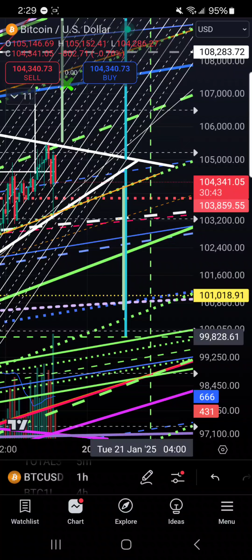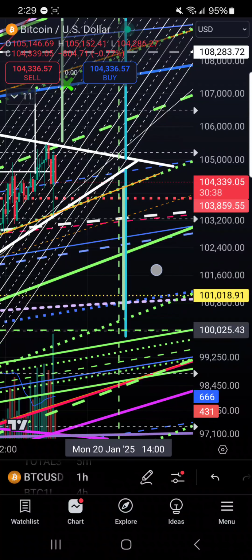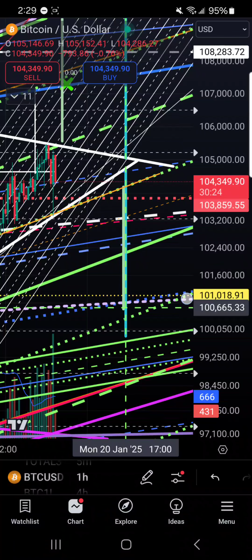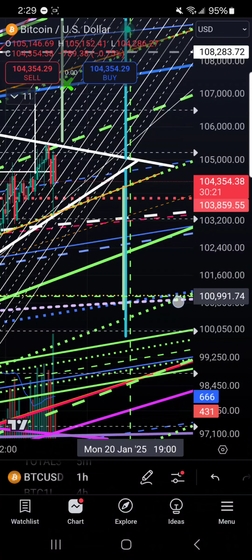So basically 100, which makes sense. And the other one brings us right up around the top of the Gaussian channel at around 101. Actually, the line goes to 100,657.